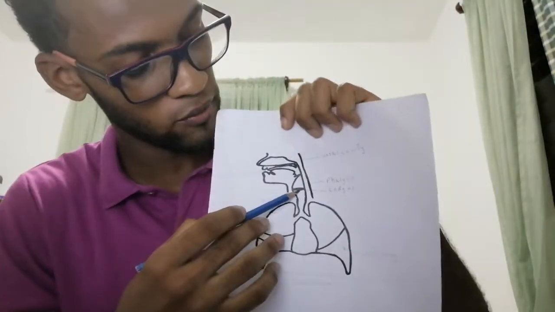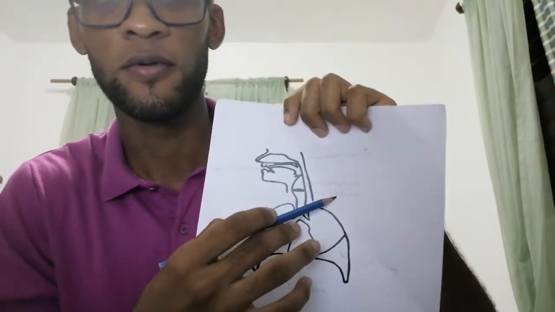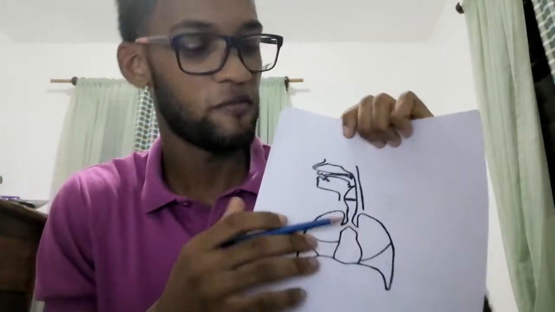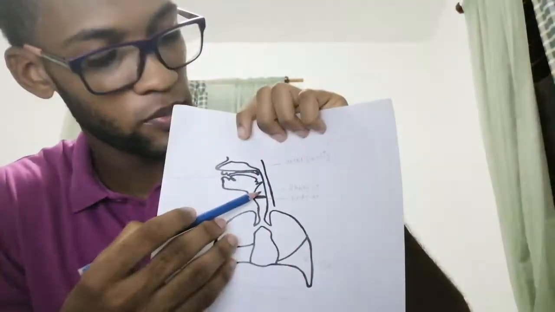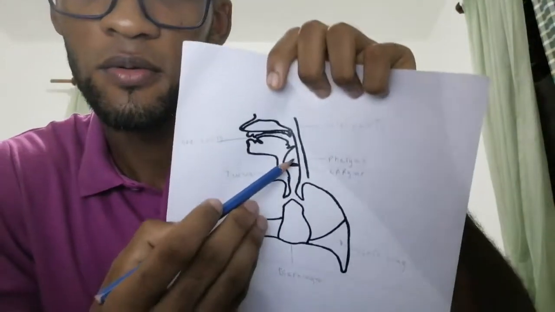The larynx contains the vocal cords, also called the vocal folds. Right there, the larynx.